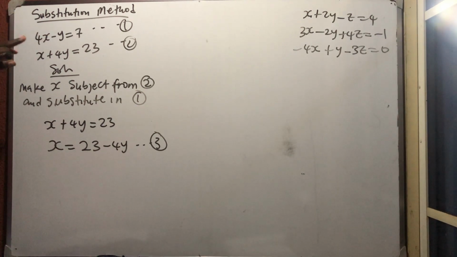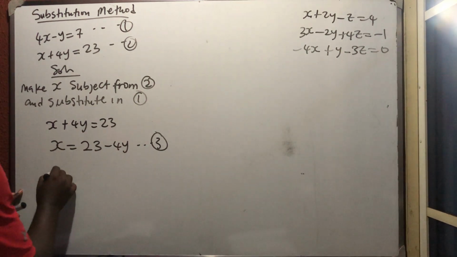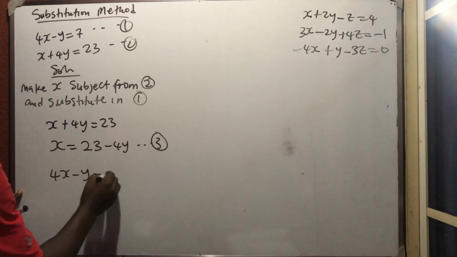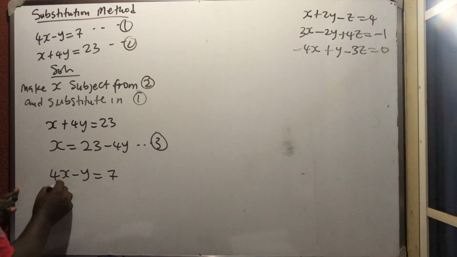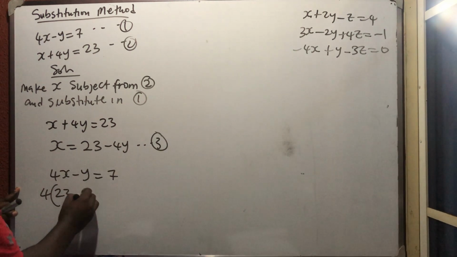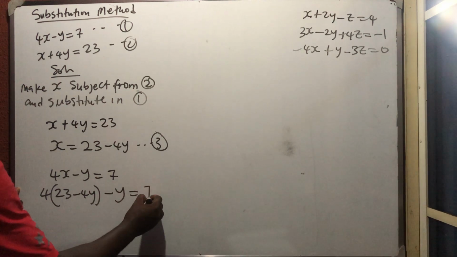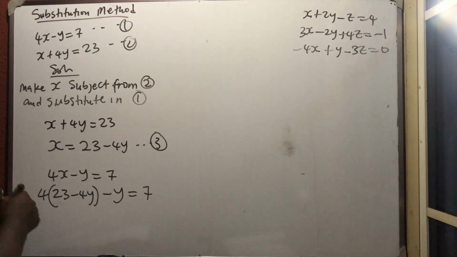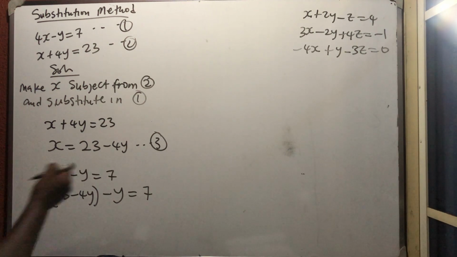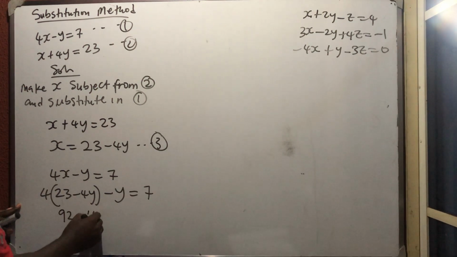Anywhere I see x in equation 1, I'll put 23 minus 4y. I have 4x minus y is equal to 7. So therefore 4 in bracket, instead of x, I will write 23 minus 4y, then minus y is equal to 7. Let us clear the bracket. 23 times 4 gives me 92, and 4 times minus 4y gives me minus 16y.